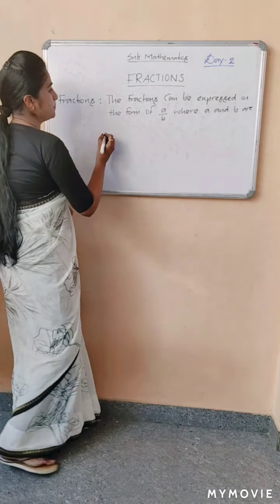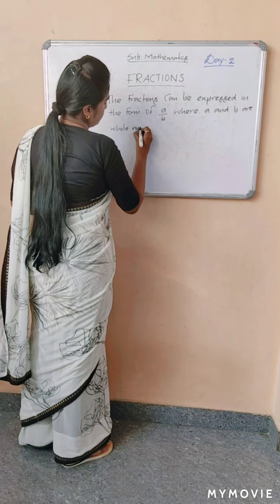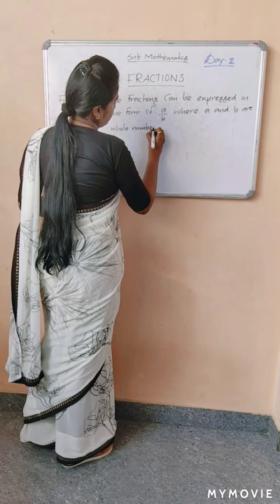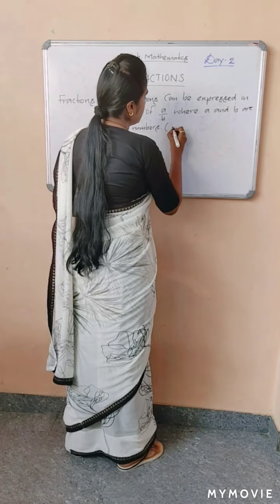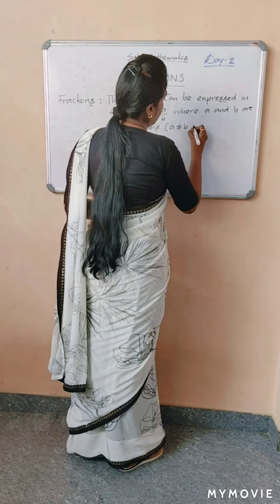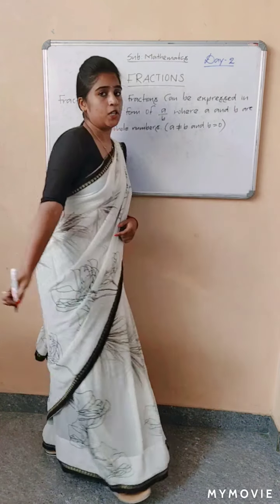Whole numbers. In the meanwhile, a should not be equal to b and b should not be equal to 0.